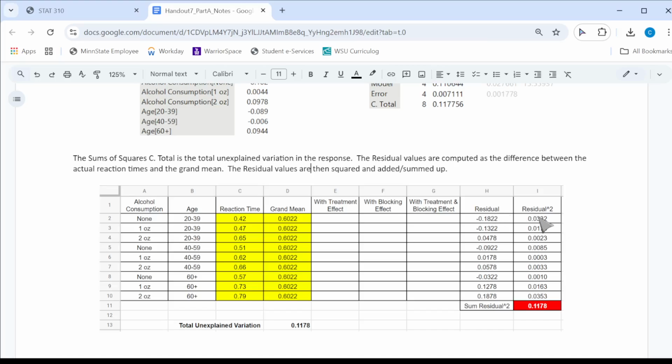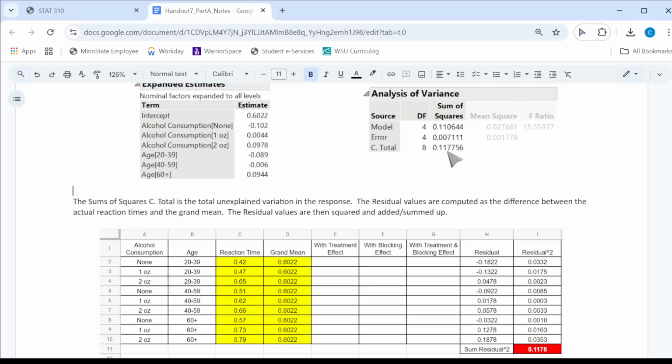And then I'm going to square them because the negatives will cancel out my positives if I don't square them. I'm going to square them and I'm going to add them all up. That 0.1178, that is that 0.117756 number here. That's where that number is coming from. So this bottom number is what would be the total amount of error in my model, if I did not consider the alcohol consumption nor the age.